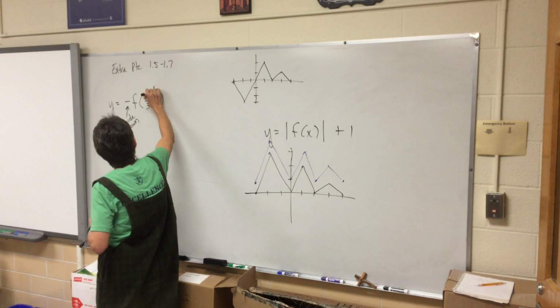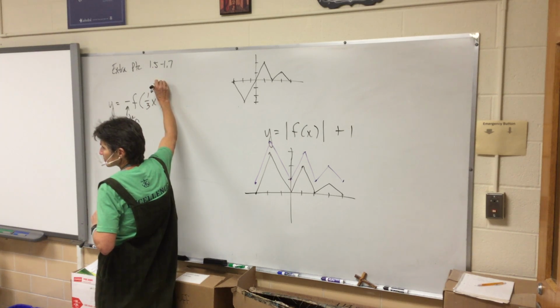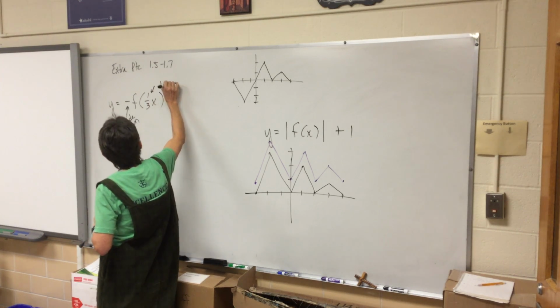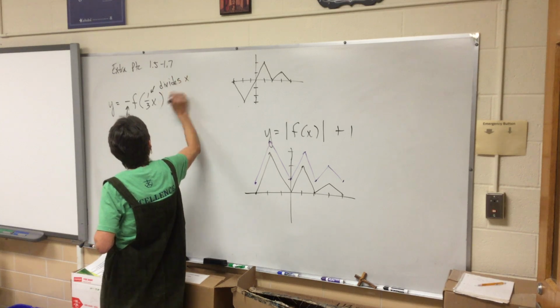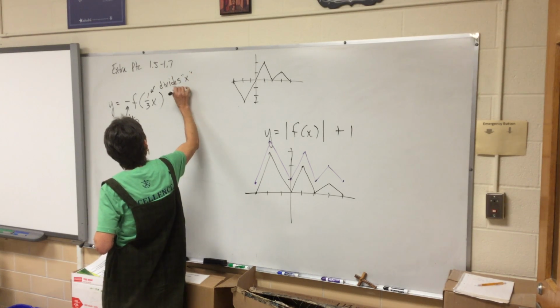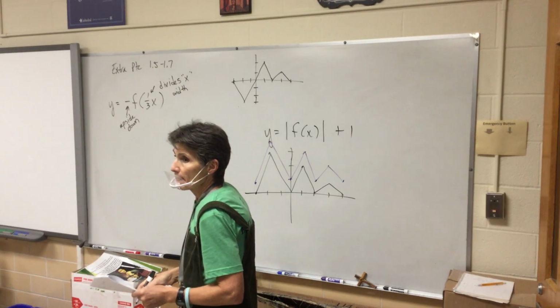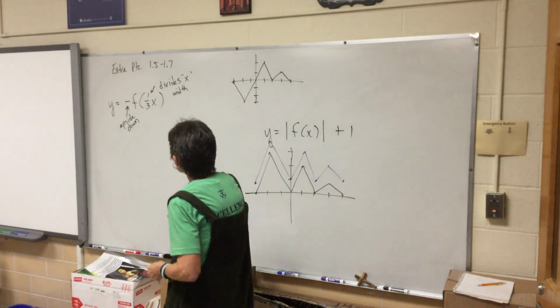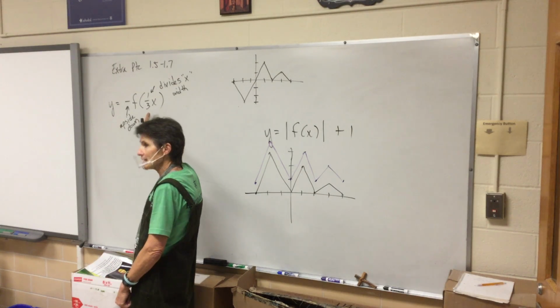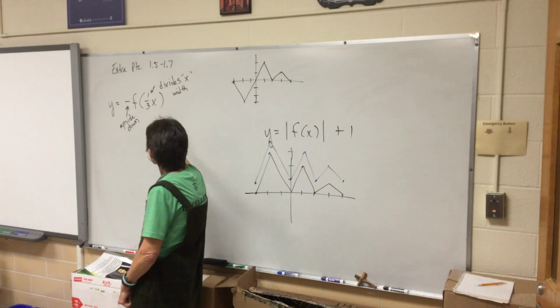And then what does this do? Divides the x's. The width, in other words. It divides the width of the picture. Okay? Now, don't get confused. You're dividing by this number.